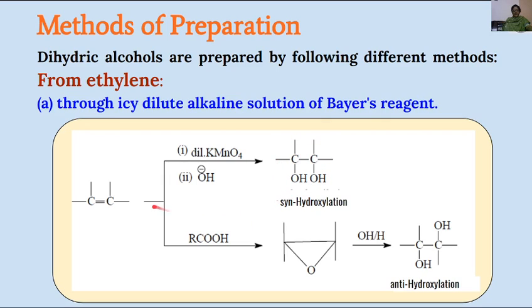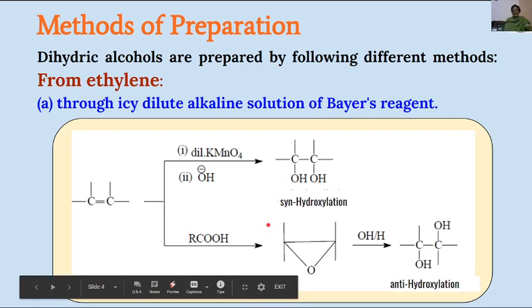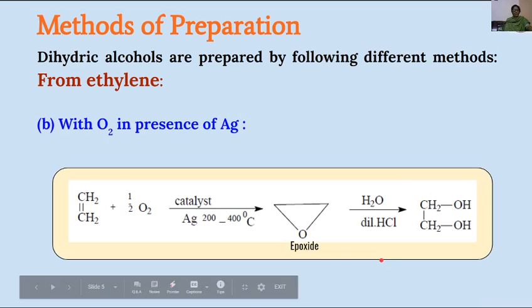If alkenes are reacted with carboxylic acids, they first give us ethylene epoxide, a substituted epoxide, which upon hydrolysis gives the product by what is called anti-hydroxylation. Both the OH groups are on different sides of the carbon-carbon bond.